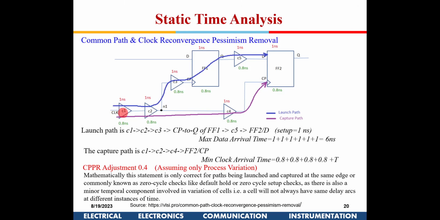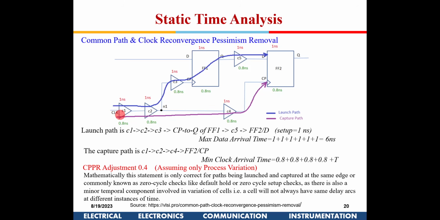Suppose it is fabricated as a slow device, both of them get slower, or both of them get faster. It doesn't matter, but it will either be locked to 1 nanosecond or 0.8 nanosecond. So taking this as maximum in one particular path and taking this as minimum in the other path adds an unnecessary additional constraint in the circuit.